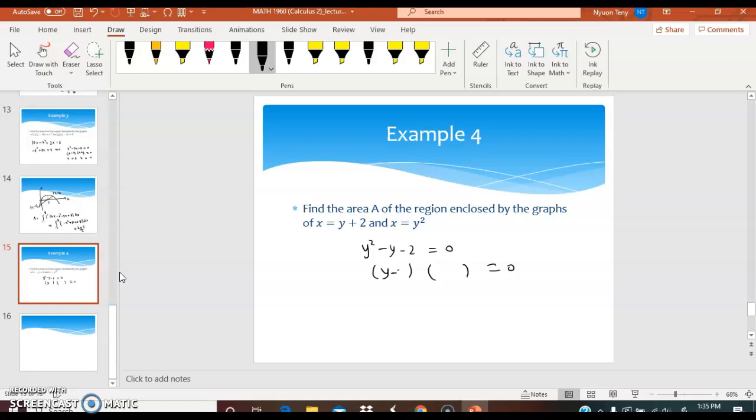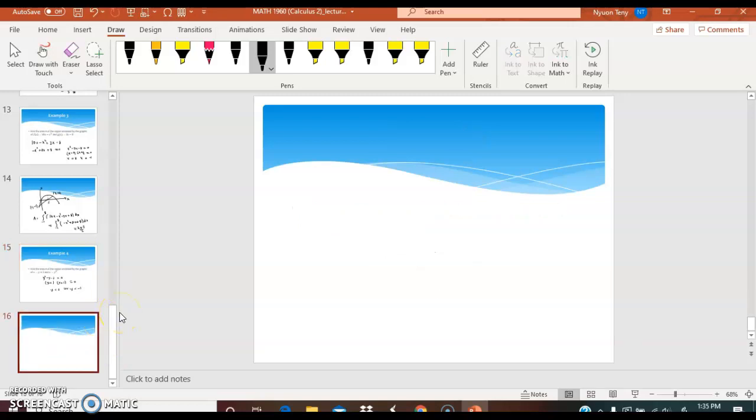So y minus 2 times y plus 1, y is equal to 2, or y is equal to -1. Now we know the points of intersection, we can graph it, and then determine which one is left and which one is at the right.